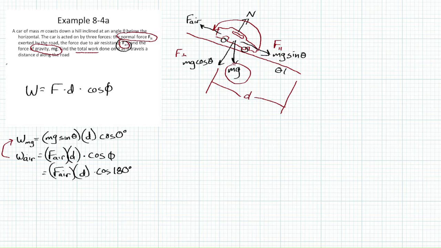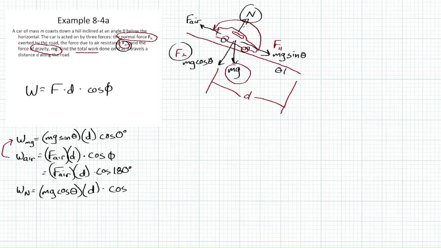And now let's write the work done by the normal force. Work done by the normal force right here. Normal force is the same thing as what? In this case it's the same thing as the perpendicular force right here. Remember, these are both the same thing, just in opposite directions. So that would be mg cosine of theta times d, our displacement, times a cosine of what?